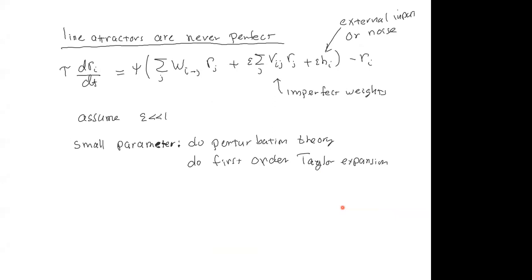And what we're going to do is write this as, we're going to find psi 0, which depends on this vector r, equals psi of the sum on j of W_ij r_j.